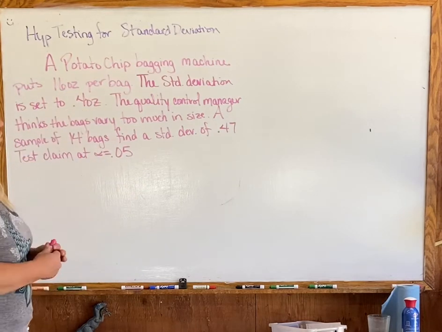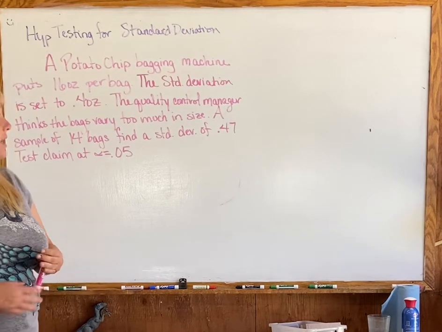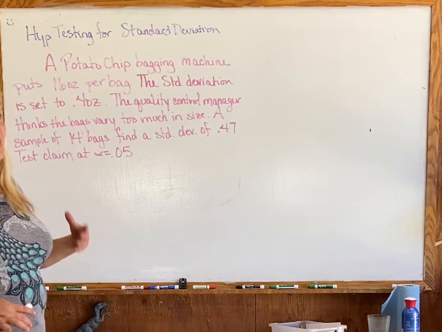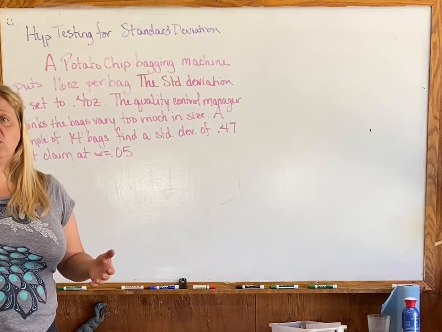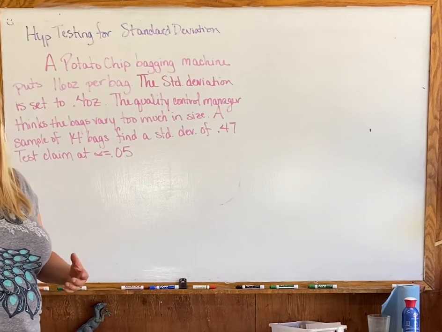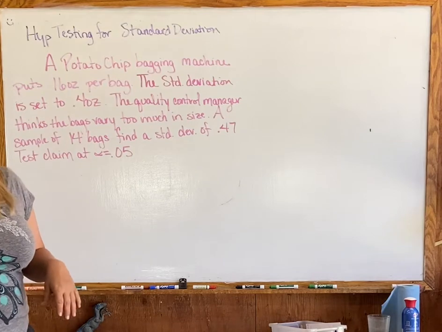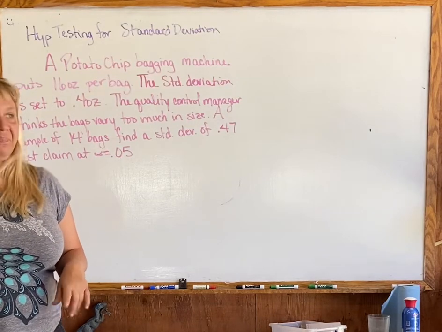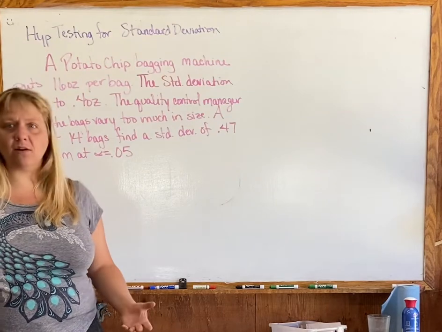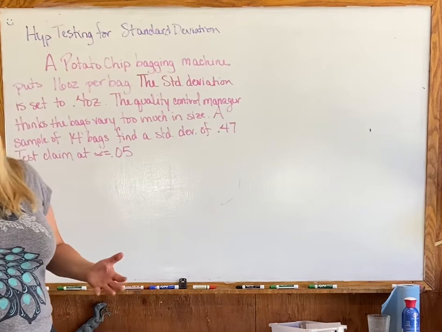Now, the quality control manager, which every big producing company has, is the guy that goes and makes sure that the factory is working appropriately, and their job is to, honestly, all day long, test the machines. So they will go in, pull bags off of the machine at any given time, and open it up, make sure the potato chips aren't crunched. They'll weigh the bags, make sure they're the right size. That's their job.